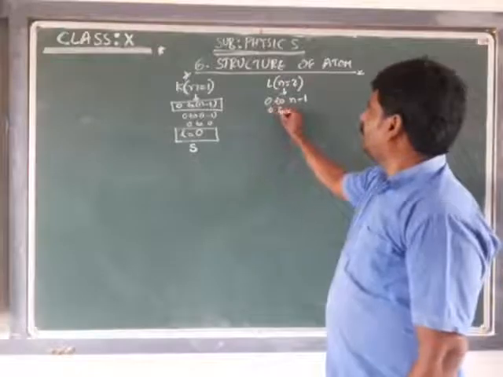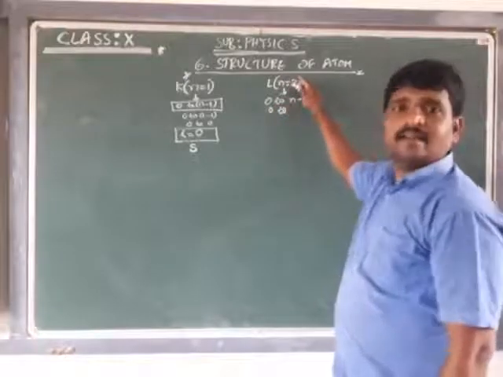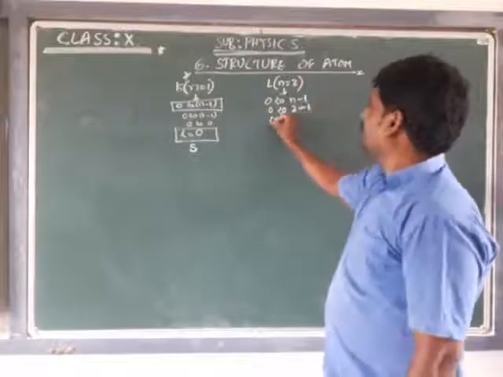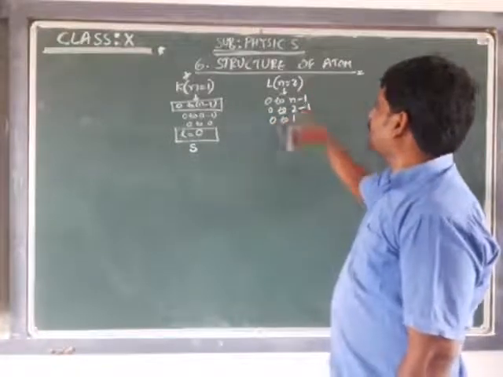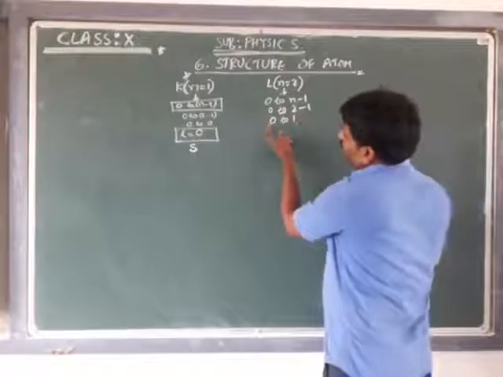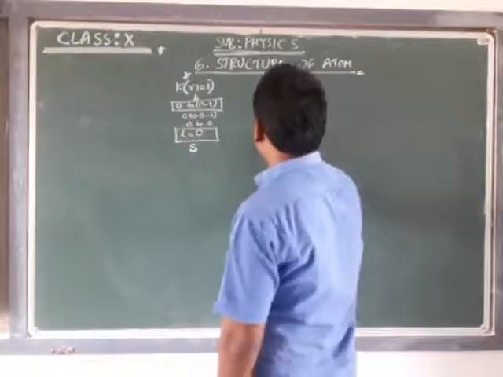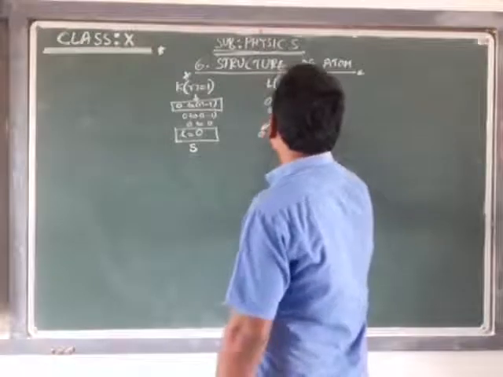What is n in this case? It is 2. 2 minus 1 is 1, so 0 to 1 gives 0 and 1. We have two cases.